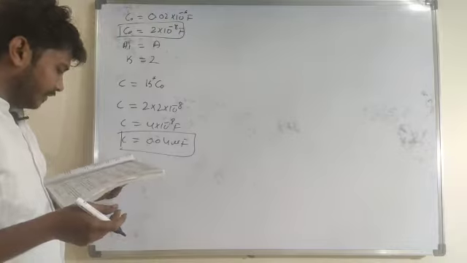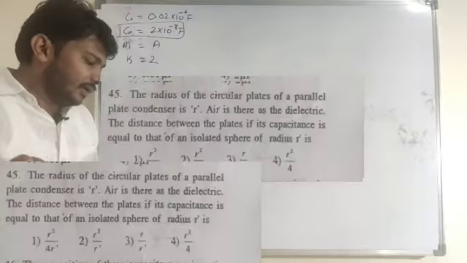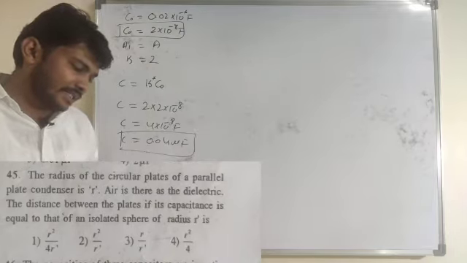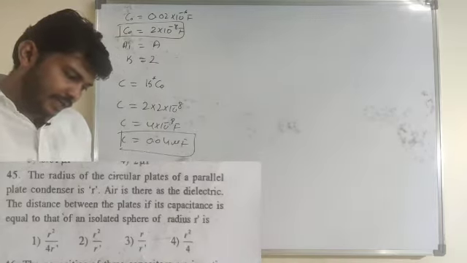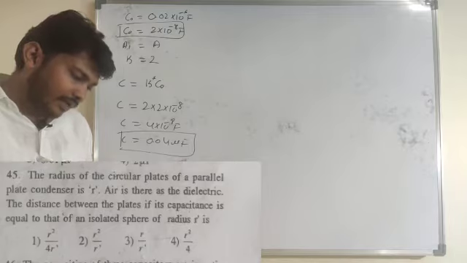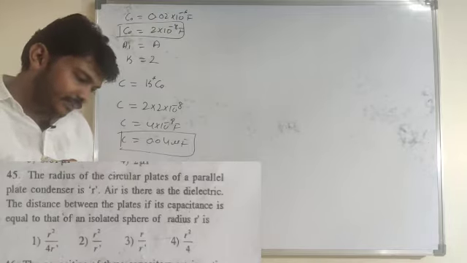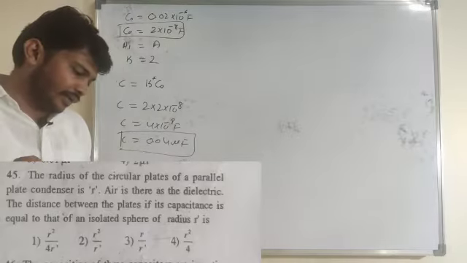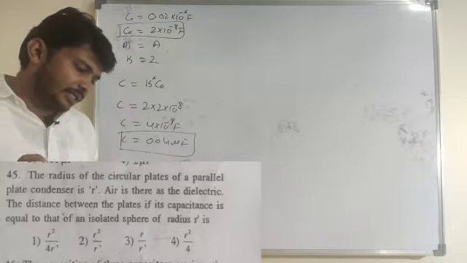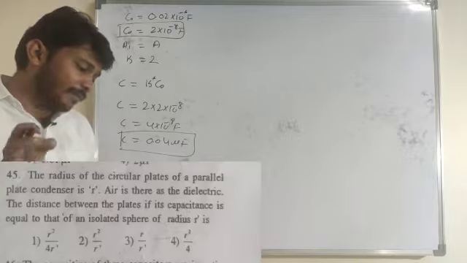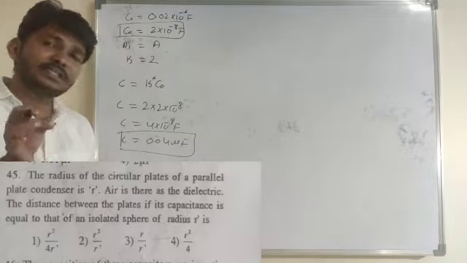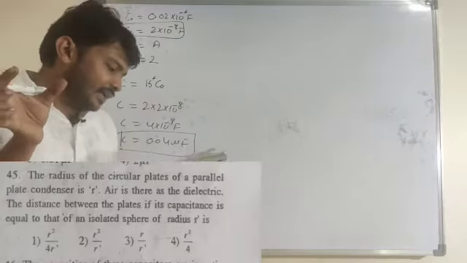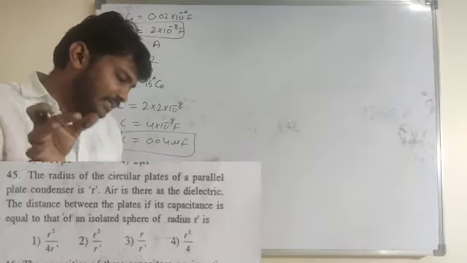Okay. Next one. The radius of the circular plate of a parallel plate capacitor is R. Air is there as dielectric. Listen here, I will read out the question once again. The radius of the circular plate of the parallel plate condenser is R. One circular plate is there, having the radius R. Air acts as a dielectric.